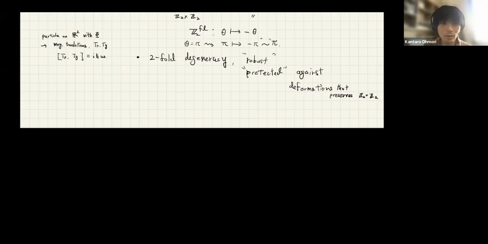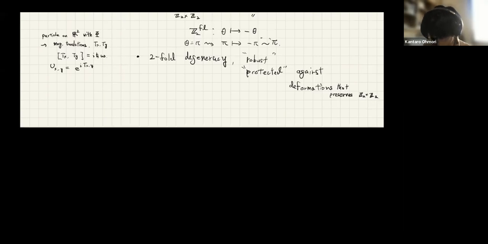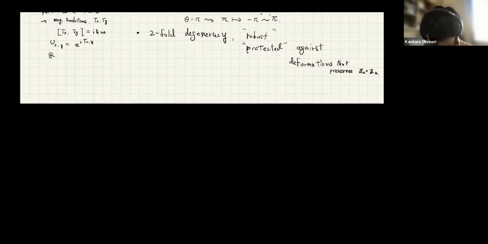The unitary is an exponentiation, U_x U_y = e^{-i t} U_y U_x or so. So in a sense this is a projective phase for R2.